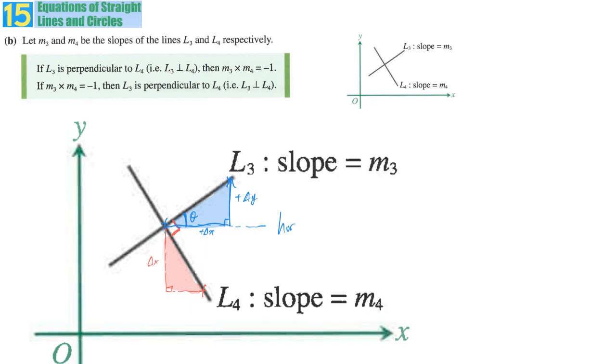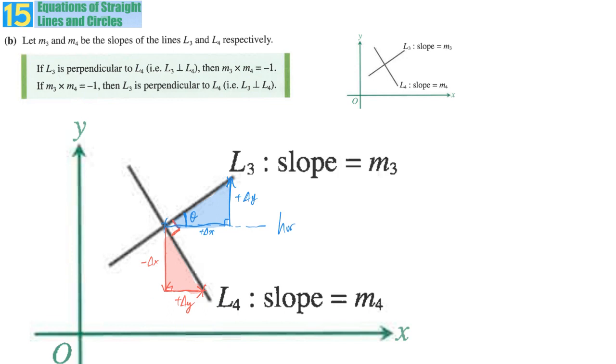But because this is going downward from the first point to the second, the vertical change is negative delta x, and the horizontal change is the same as this line, so this is positive delta y.